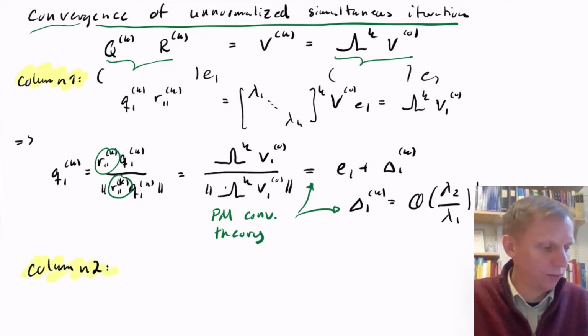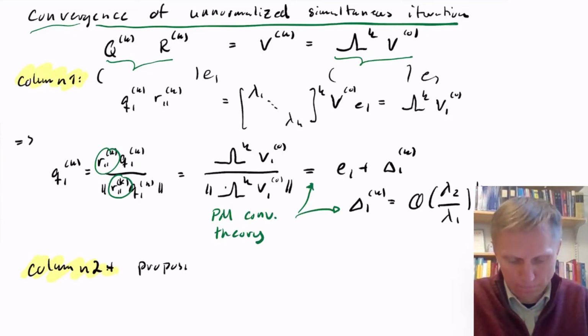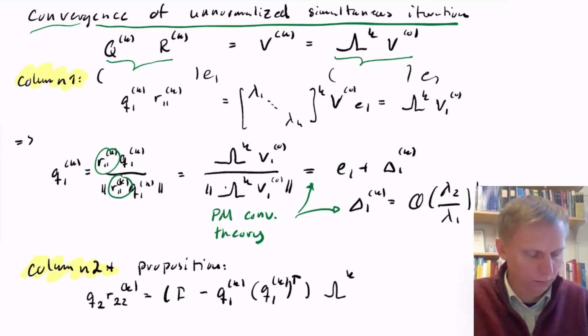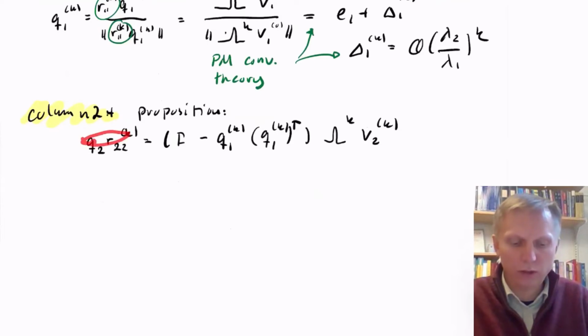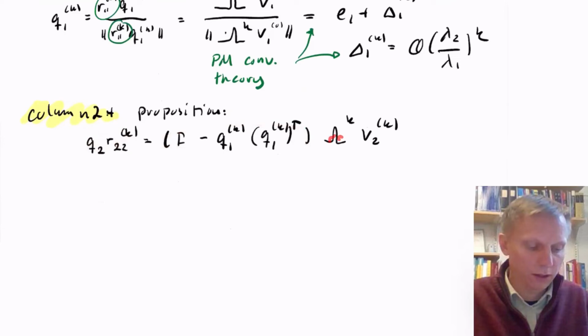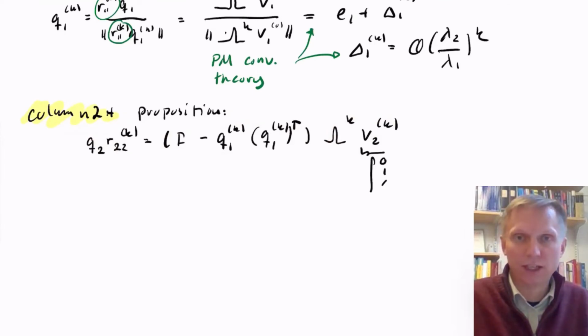Let's now look at column 2. When we use column 2, we're directly going to use also the proposition. We have eliminated Q1 from the left-hand side in the QR factorization, so we essentially get Q2 times the scalar equals the spectral projector times lambda to the power of K. Recall that we started our method with the V matrix, which is a lower triangular matrix with ones on the diagonal, so this vector looks like this.